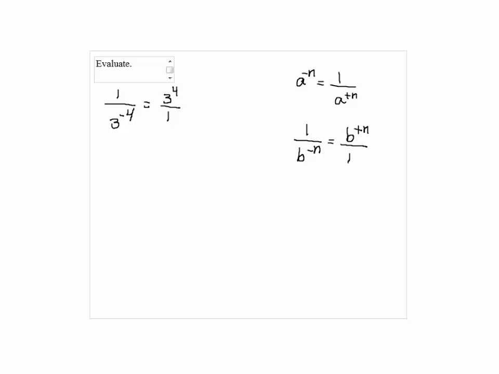So in this case, to make this positive, we can write this as 3 to the power of +4 over 1. 3 to the power of 4 means multiplying 3 by itself 4 times: 3 times 3 times 3 times 3, which is 9 times 9, 81.